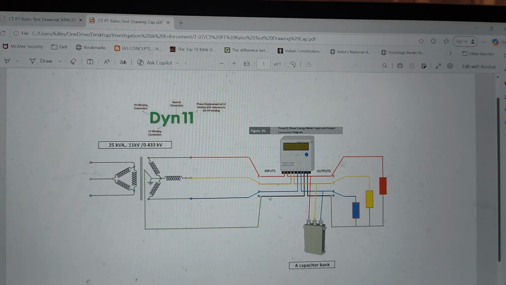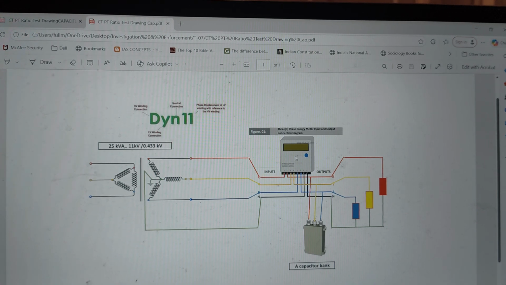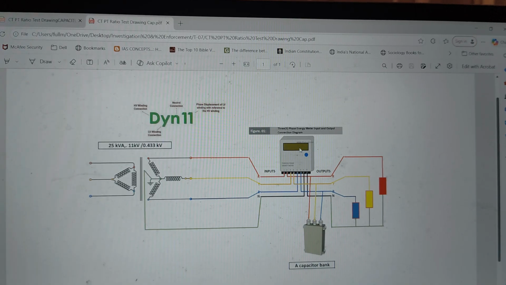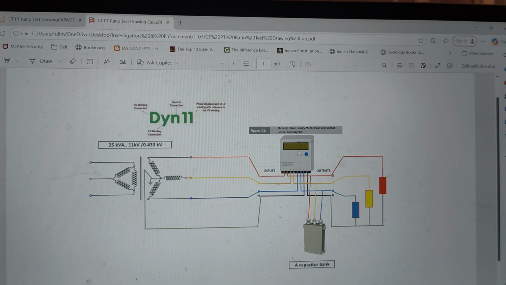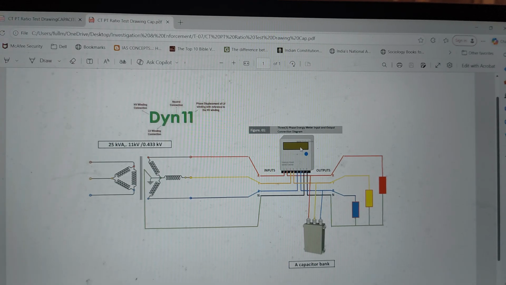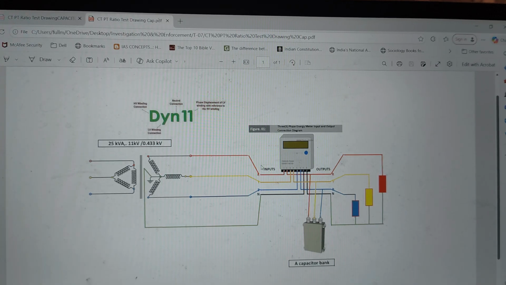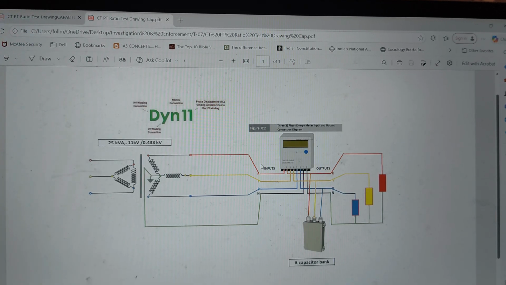And if we install it before the meter, then this current will not be passing through the meter, and that's why the reactive LED of the meter will not blink, due to which whatever the meter records, it will record only the active and the apparent power, because active and apparent in that case will be almost equal, and that's why the meter power factor indicated also will be very near to unity.